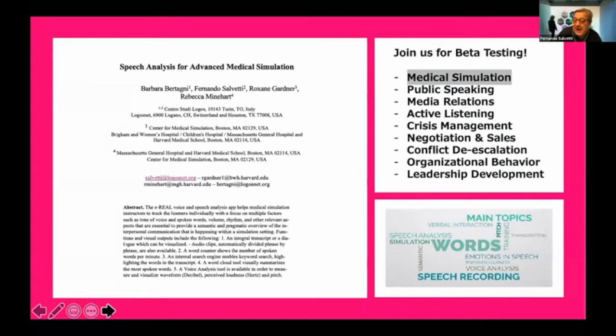This is the second time I'm talking about the speech analysis. In the middle, we performed a lot of tests and the first real activities inside medical simulation classrooms, really a few because of coronavirus, but we were able to perform a few. And results from our perspective are good.